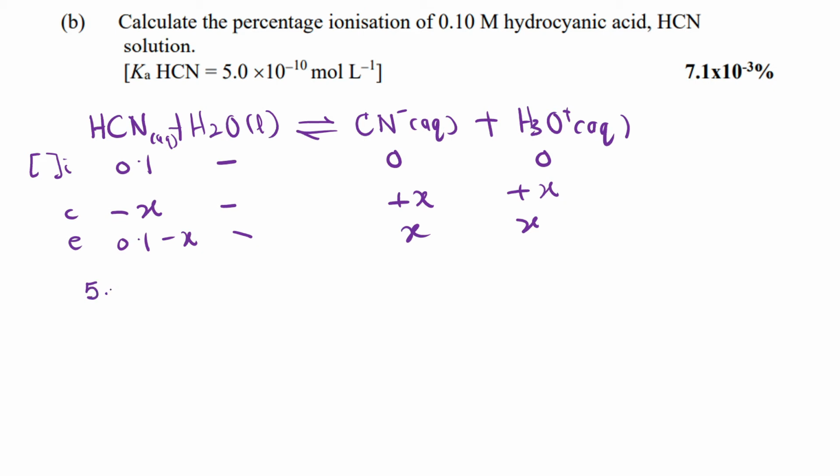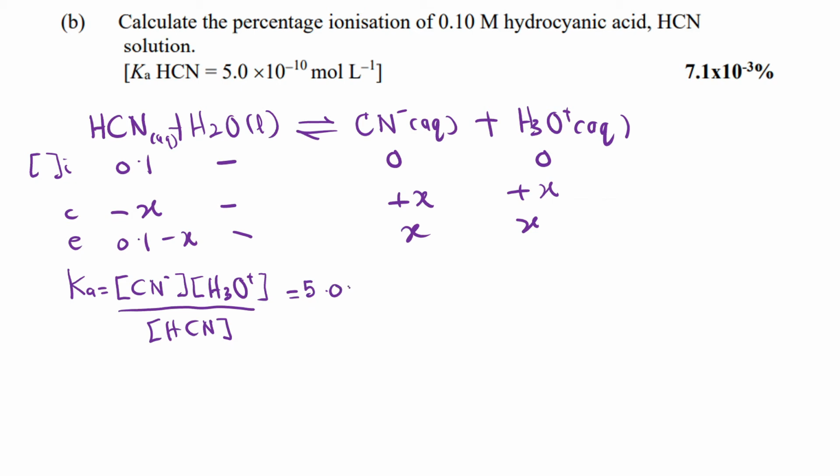So first we write the expression dululah. Kita tulis expression untuk Ka, di mana expression untuk Ka is equal to concentration CN minus darab concentration H3O plus over concentration HCN, which is equal to nilai Ka adalah 5 eksponen negatif 10. Sangat kecil ya. Jadi gantikan x square over 0.1 minus x.